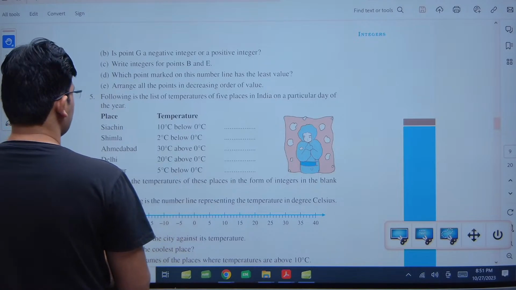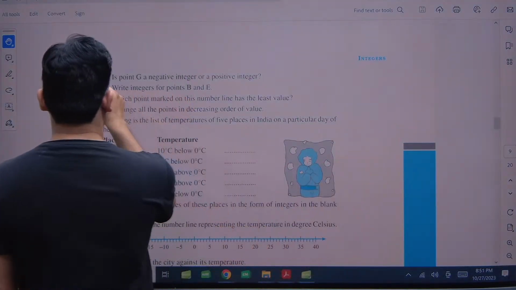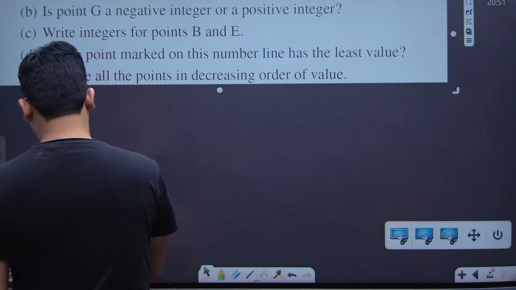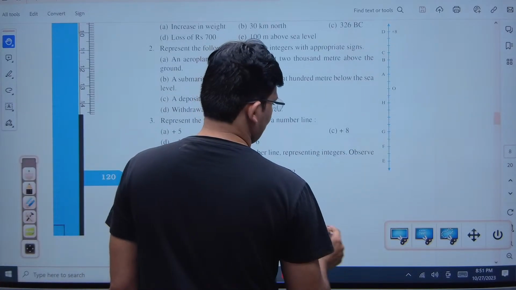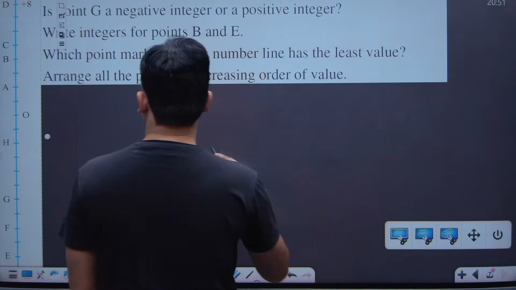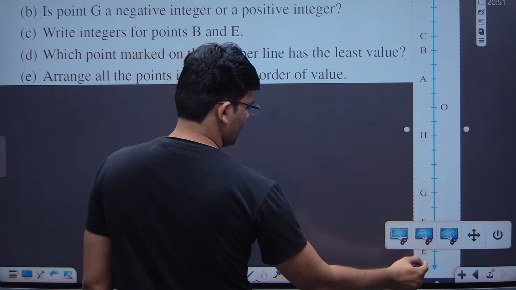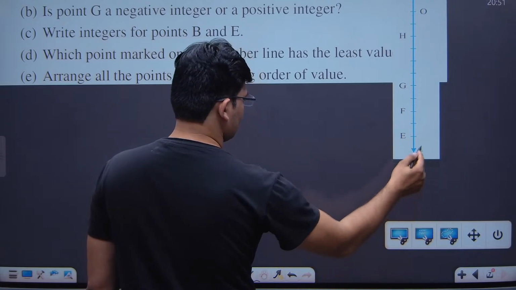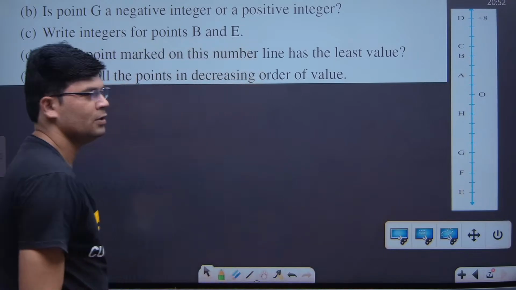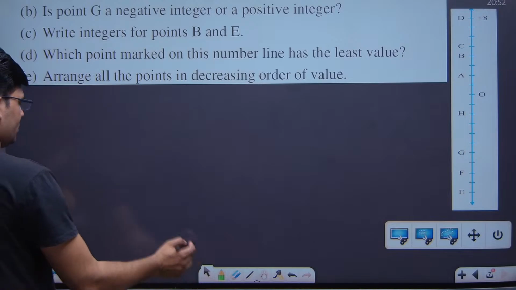Some more questions with the same figure. Read the question. Is point G a negative integer or a positive integer?